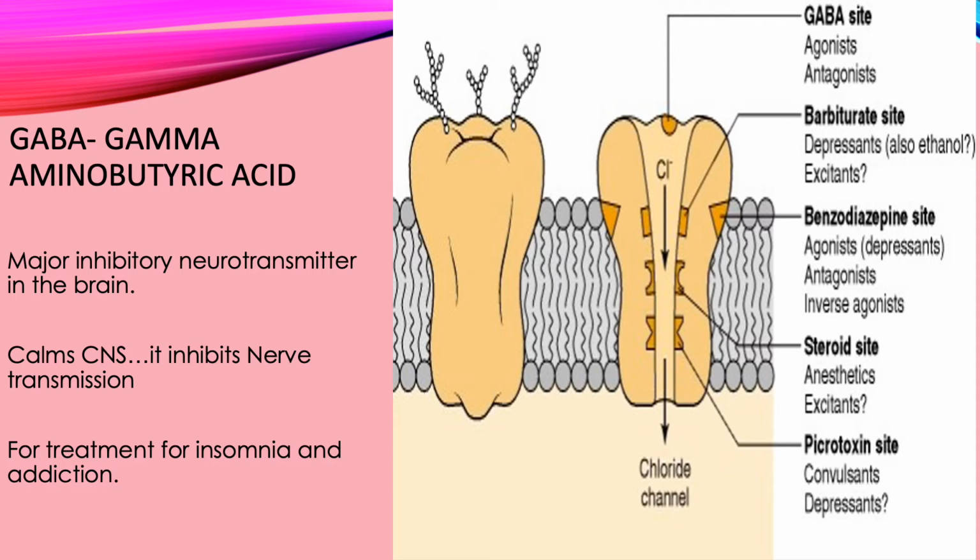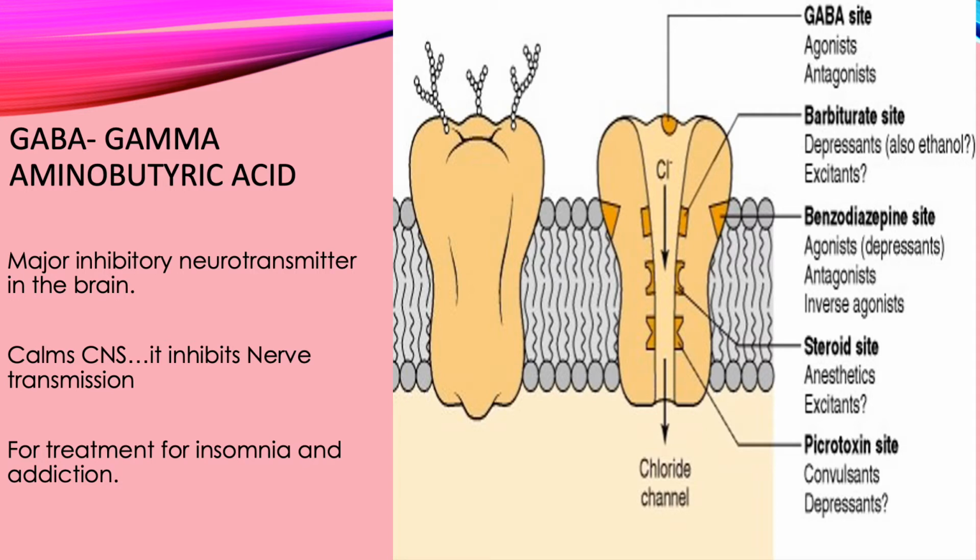So let us discuss first our GABA A receptor modulators, the ones that control our gamma aminobutyric acid.